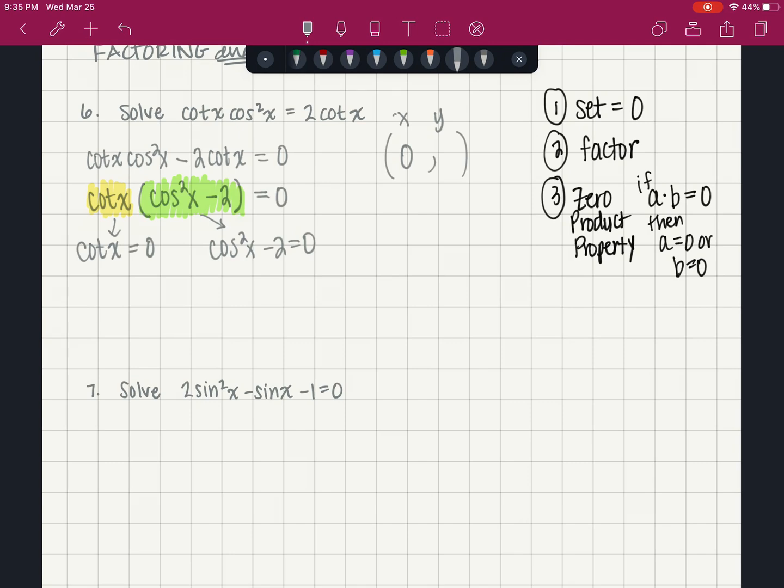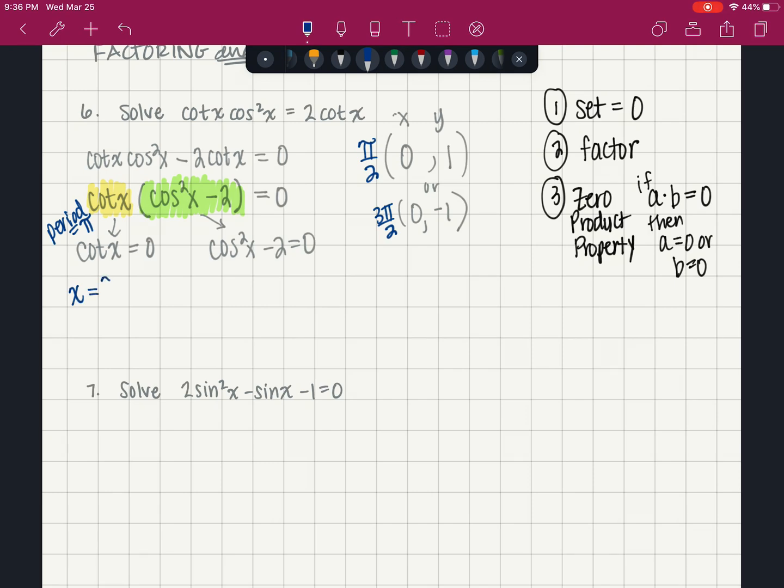Well, the ordered pair that starts off with a 0 is either 0, 1 or 0, negative 1, right? But what's the period for cotangent? Well, the period for cotangent is pi. So 0, 1 is pi over 2. 0, negative 1 is 3 pi over 2.